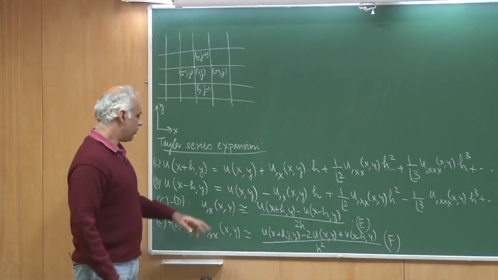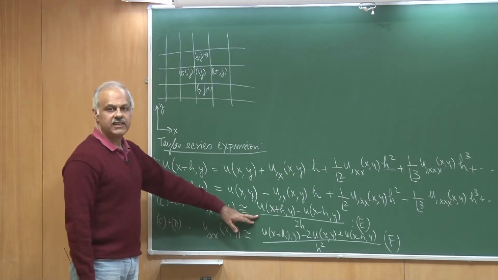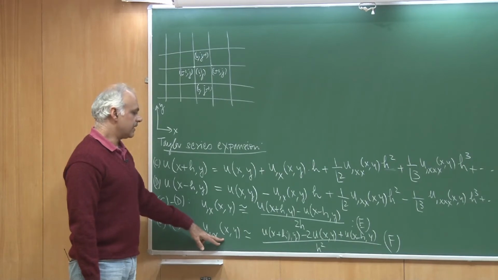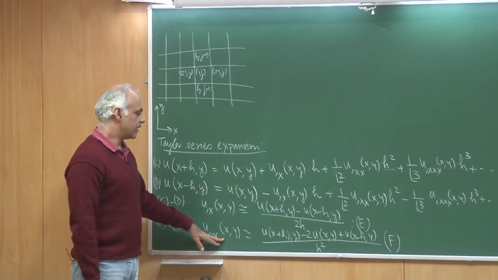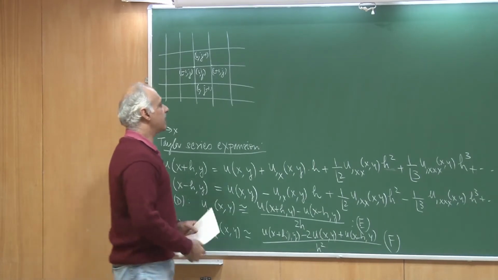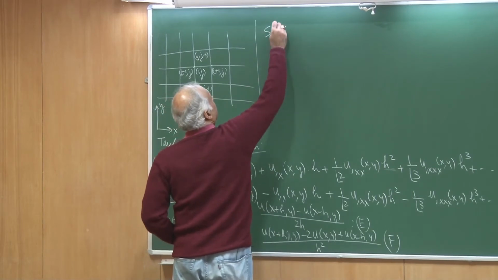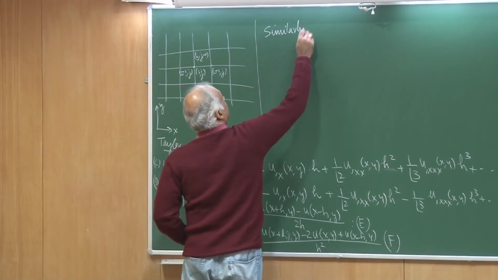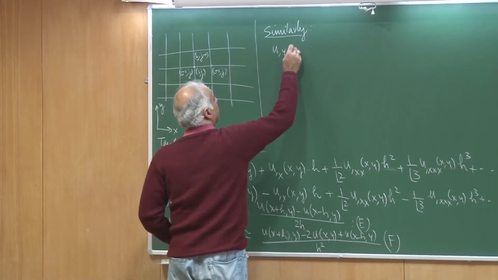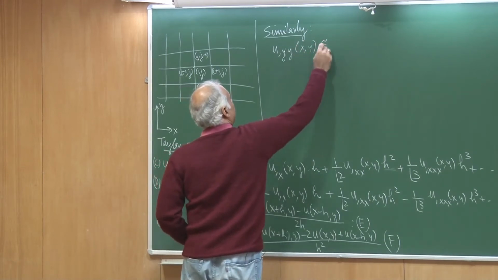So notice if I want to estimate the x derivative, I can use equation E. If I want to estimate the second derivative, then I can estimate using equation F. So this is for u comma xx. I can do a similar thing if I want to write down u comma yy at x y.